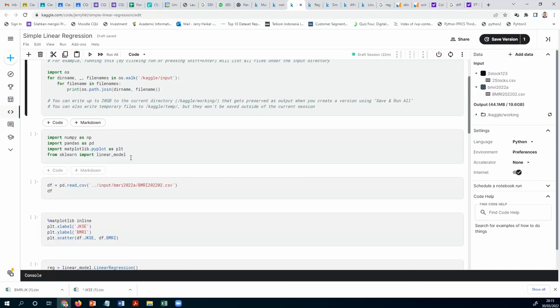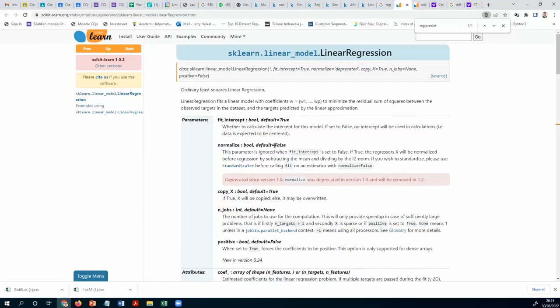So the model is there in sklearn. What is sklearn? You can search in Google: scikit-learn.